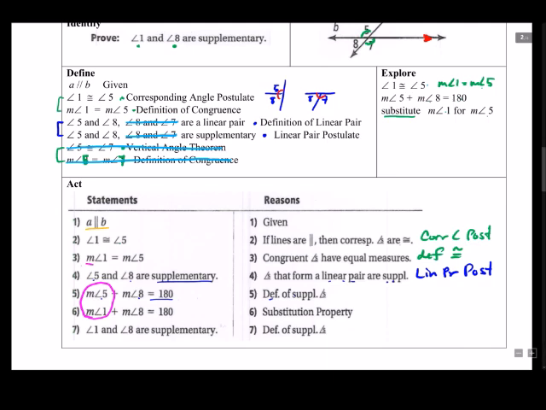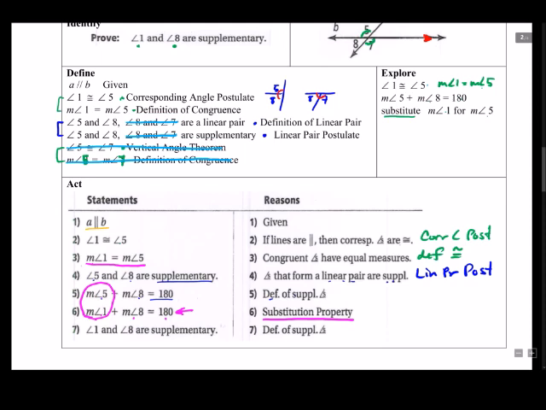And what lets me do that is this right here. So I have to make sure I have that step. I've said that the measures of angles 1 and 5 are equal, which means I can now substitute 1 for 5. And now I have the statement, the measure of angle 1 plus the measure of angle 8 equals 180 degrees.